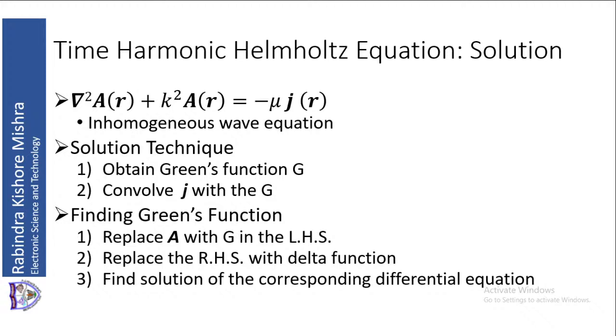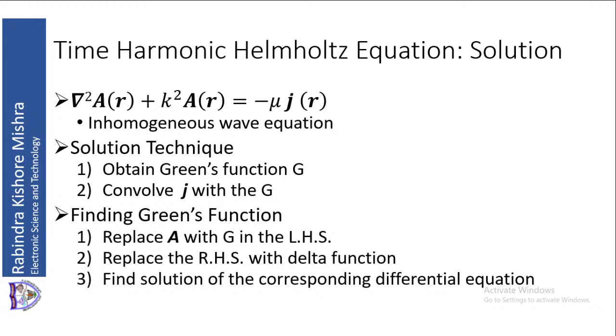Then we call small h the response of the system to an impulse. We can find the response to any other input to the system by taking the convolution of the input with the impulse response.